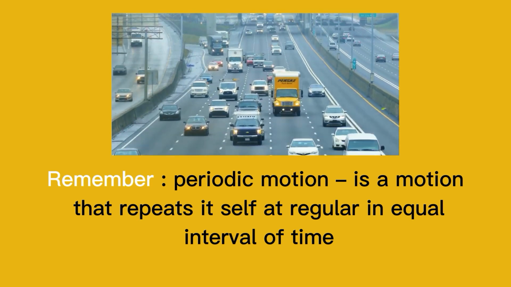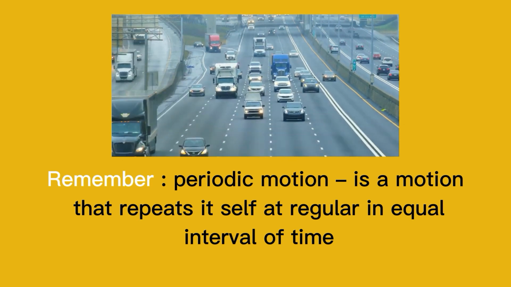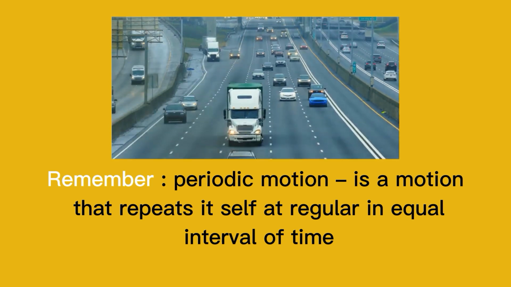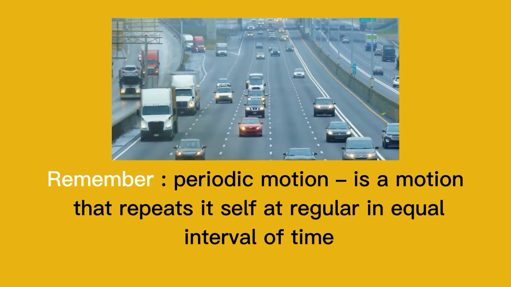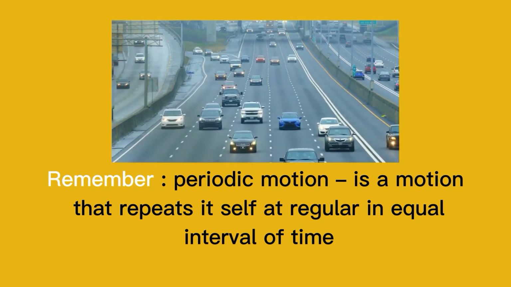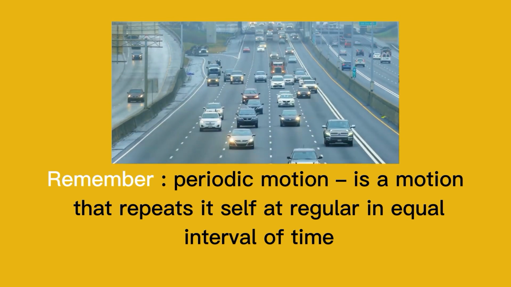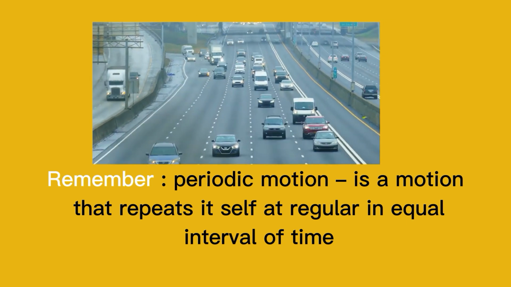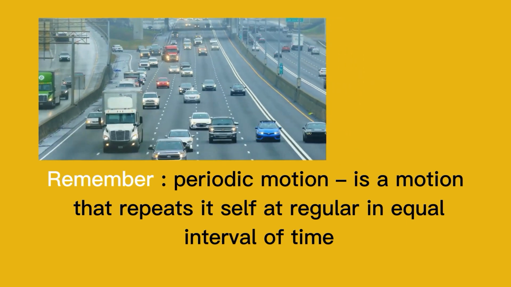And we can see the motion of a simple pendulum is a good example of periodic motion. That means the given bob, or the motion of the pendulum, repeats itself at a regular interval of time.